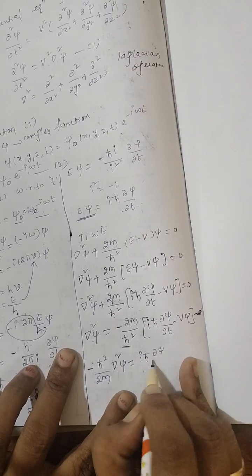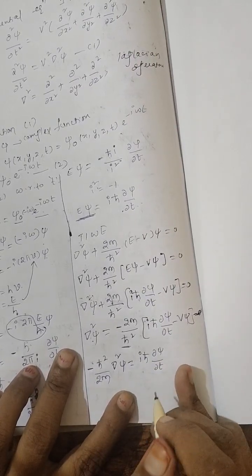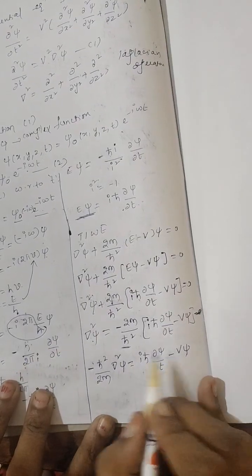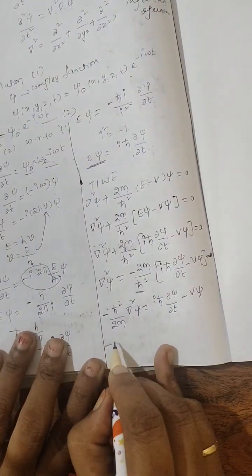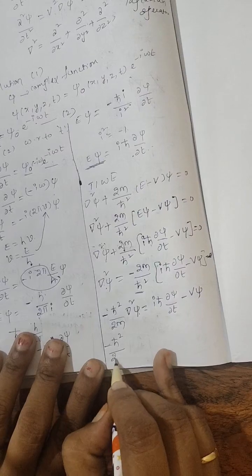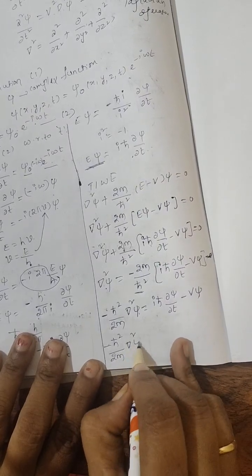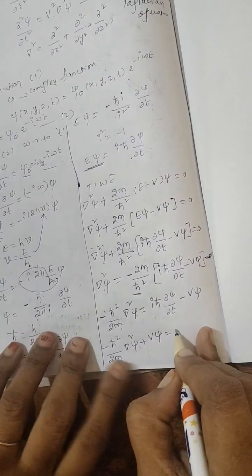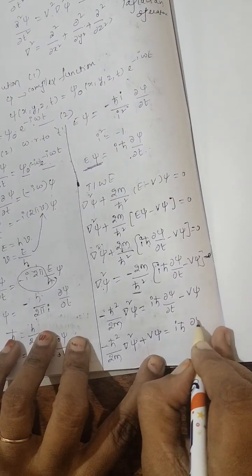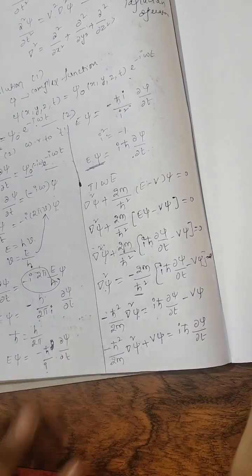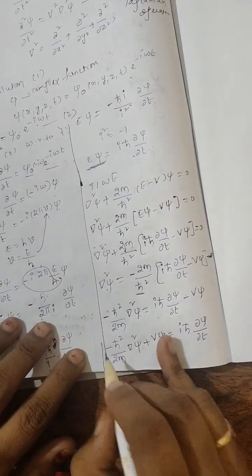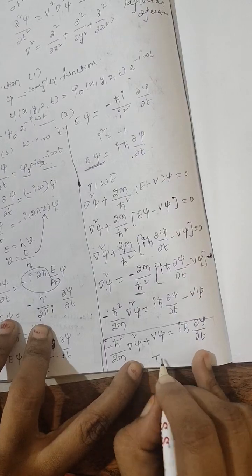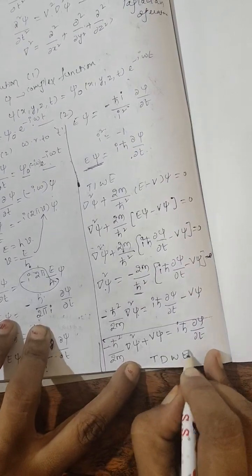I h cut dou psi by dou t minus V psi. Now I am bringing V psi to this side. What I will get? Minus h cut square by 2m del square psi plus V psi is equal to I h cut dou psi by dou t. Now this we call it as Schroedinger time dependent wave equation.